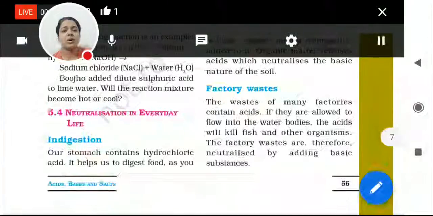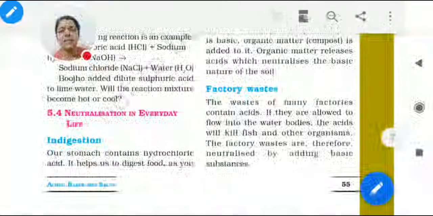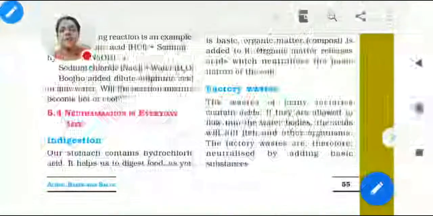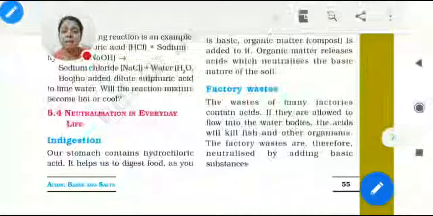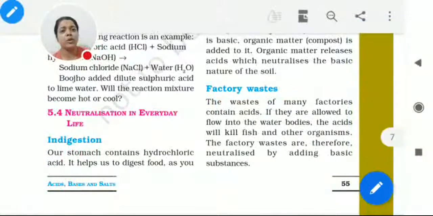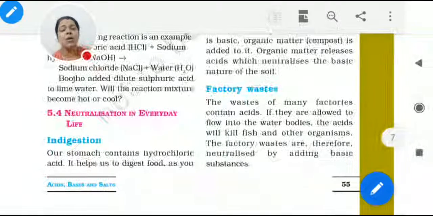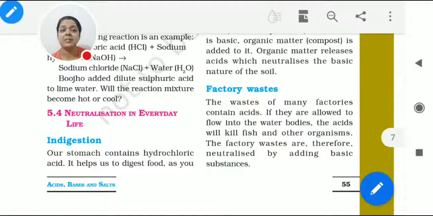So what we were talking about was, is there any need of neutralization in our life? Is there any benefit of neutralization in our body or in our day-to-day life? I must say yes.